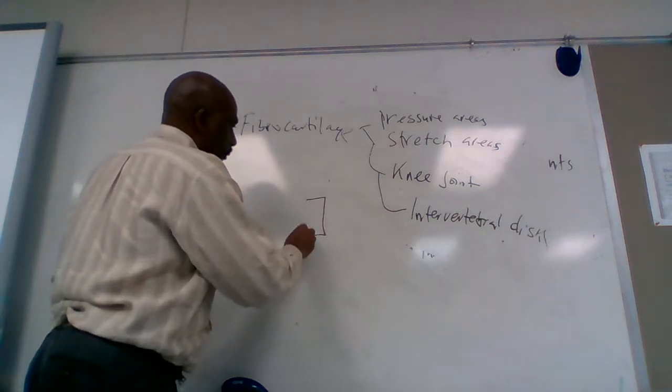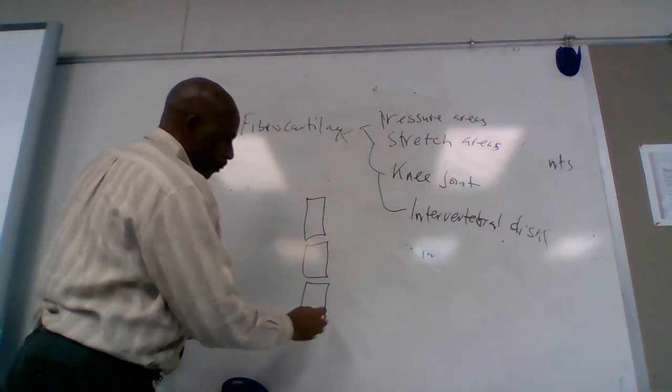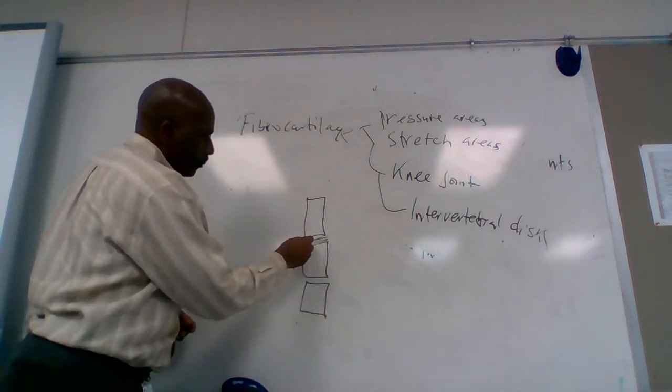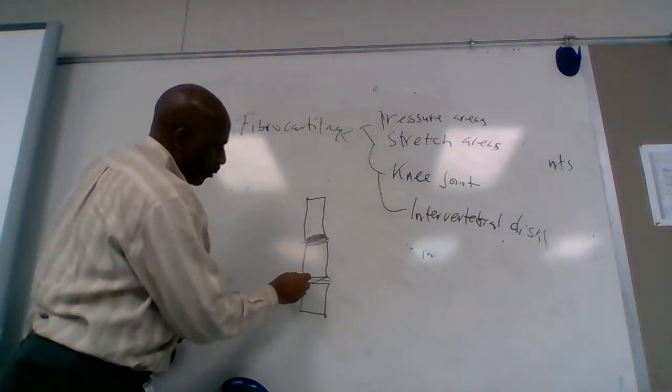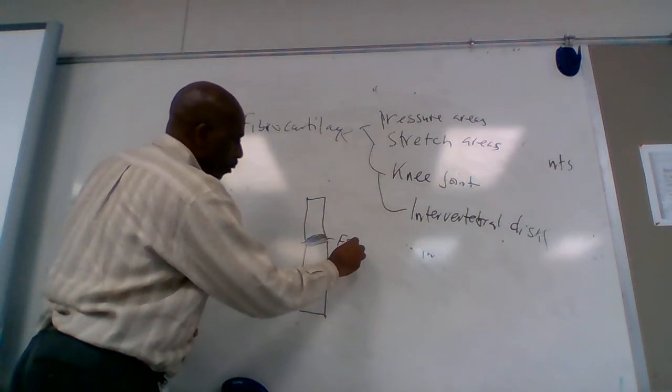So let's say these are the bones that make up the vertebral column. Somewhere in between these bones, you're going to have fibrocartilage.